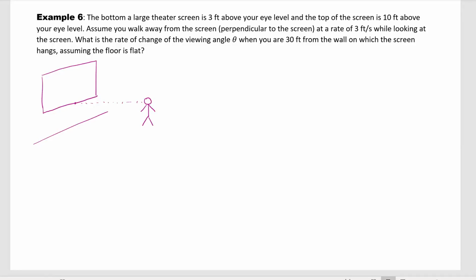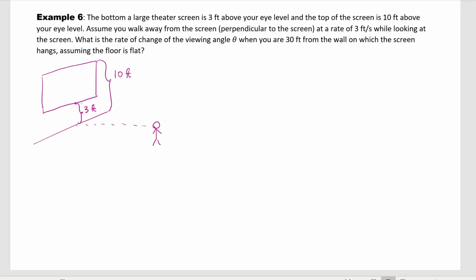Sorry, I think I drew it wrong. My eye level is here. The bottom of the theater screen is 3 feet above my eye level, and the top of the screen is 10 feet above my eye level.